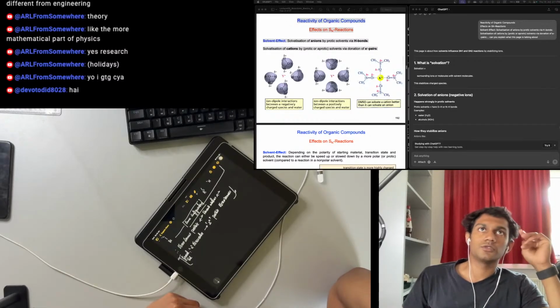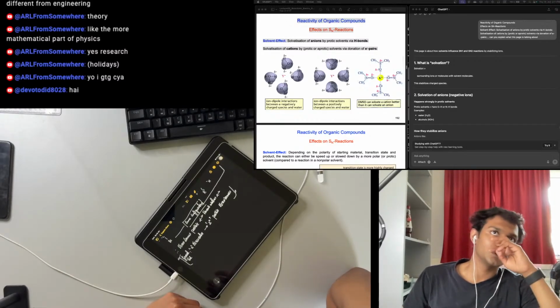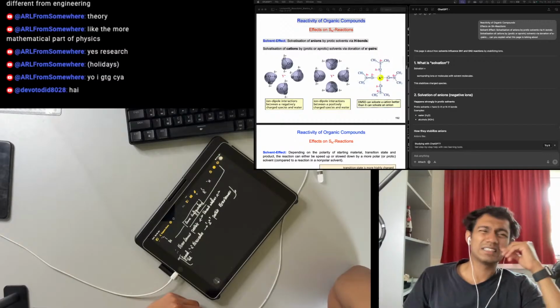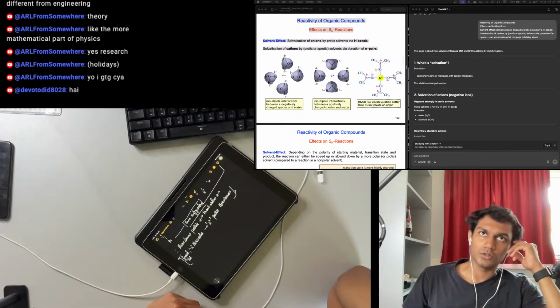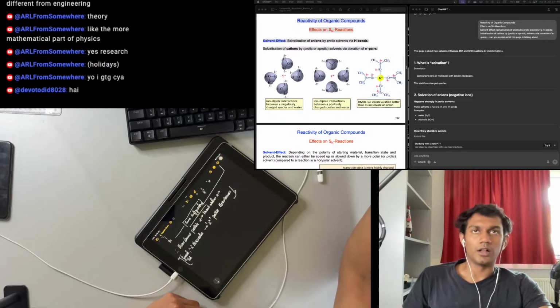This page is about how solvents influence SN1 and SN2. What is solvation? Solvation equals surrounding ions or molecules with solvent molecules. This stabilizes charged species. Solvation of anions happens strongly in protic solvents. Protic solvents have OH, NH bonds. Examples: water, alcohol.